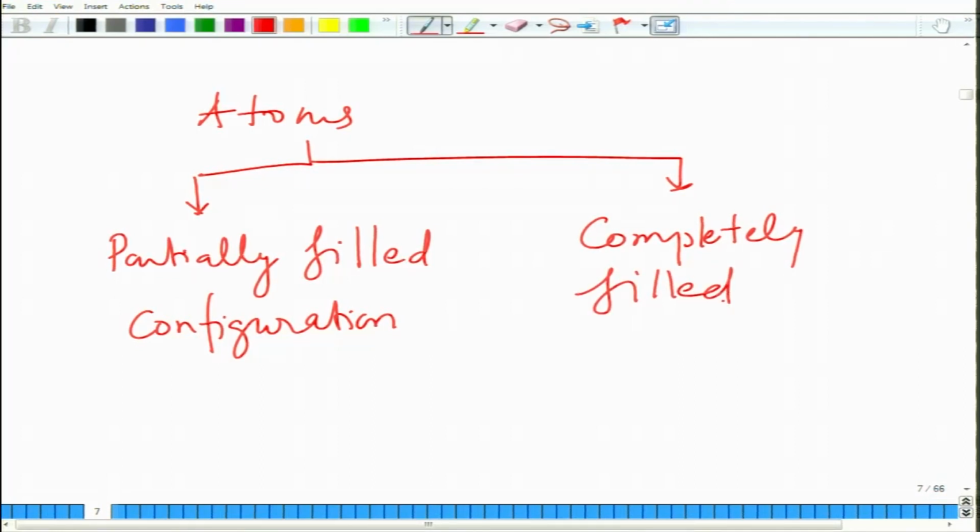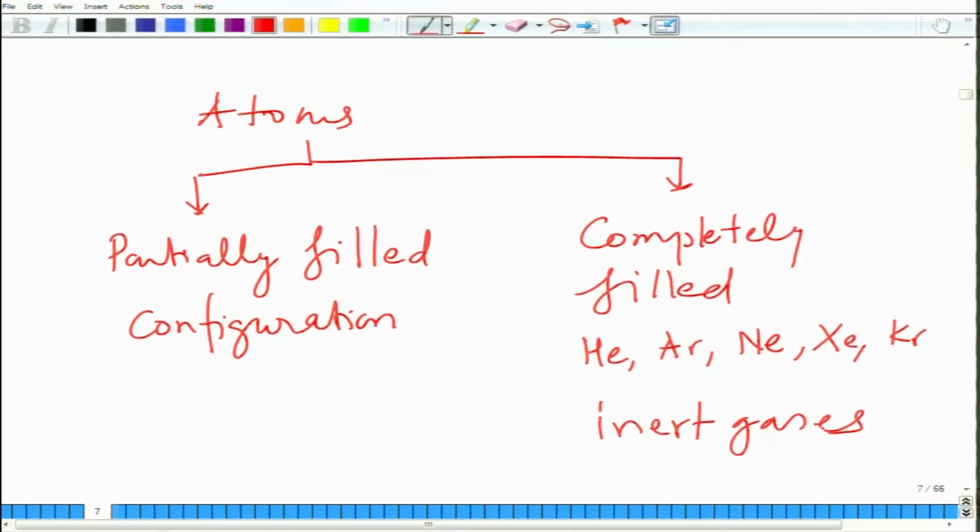So, completely filled, what are the examples? The examples are helium, neon, xenon and krypton. These have completely filled shells, that is why they are called inert gases. Okay.